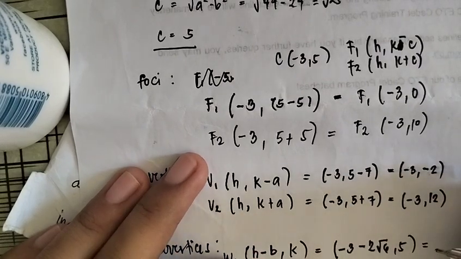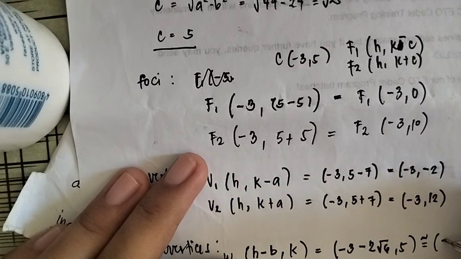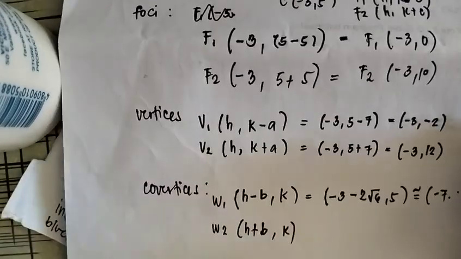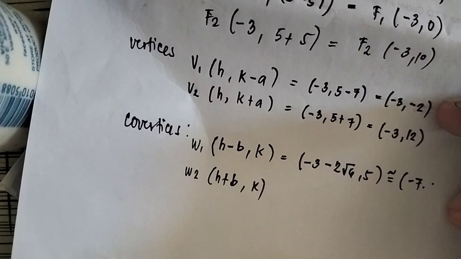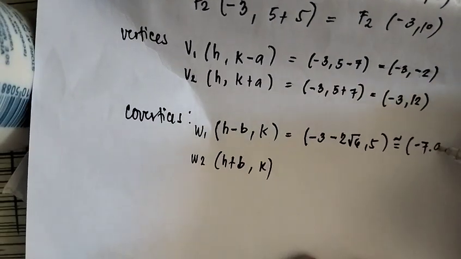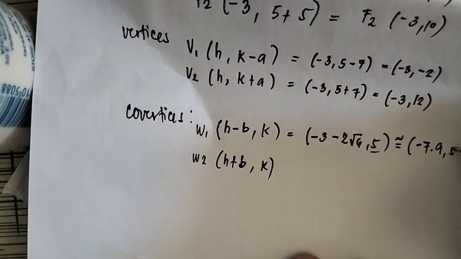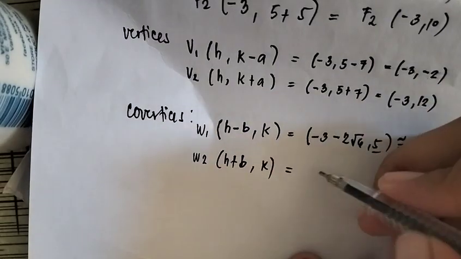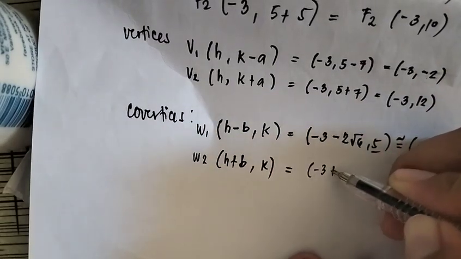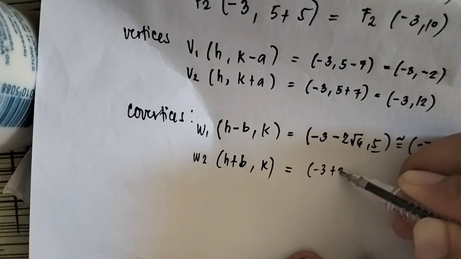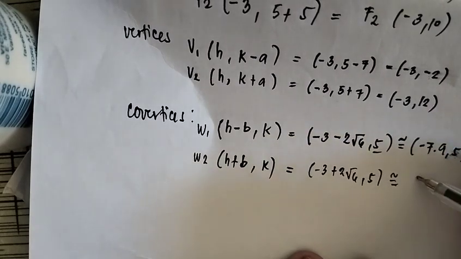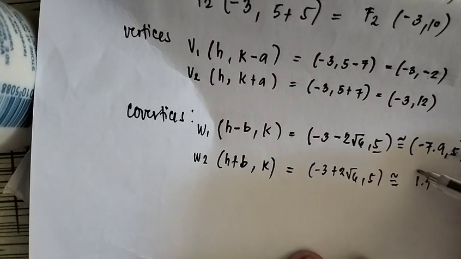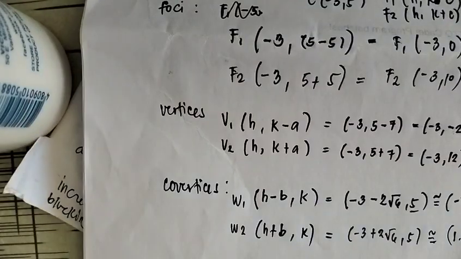This is approximately negative 7.9. Then copy the 5. Then H plus B, negative 3 plus 2 square root of 6, with 5, approximately 1.9 and 5.